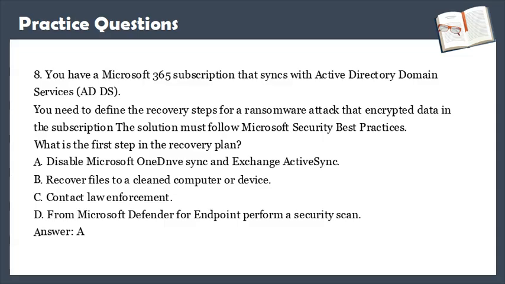A. Disable Microsoft OneDrive Sync and Exchange ActiveSync. B. Recover files to a cleaned computer or device. C. Contact law enforcement. D. From Microsoft Defender for Endpoint, perform a security scan. Answer: A.